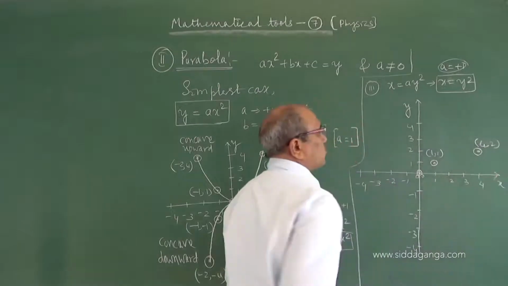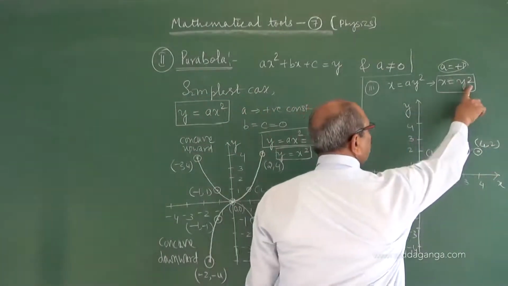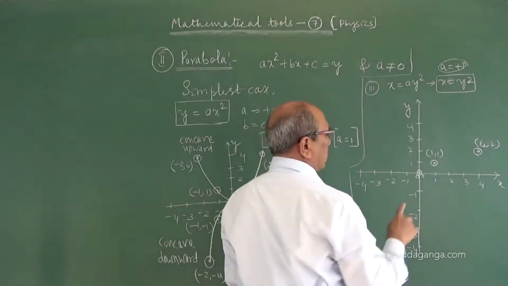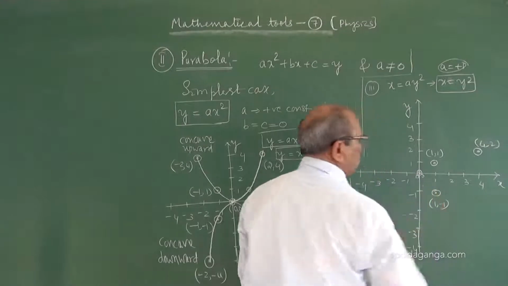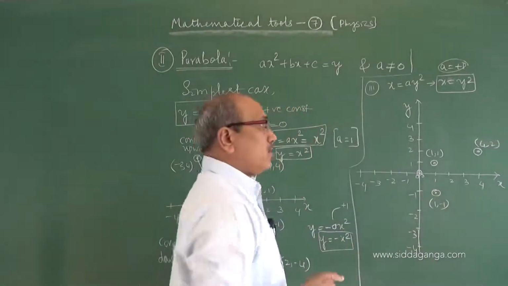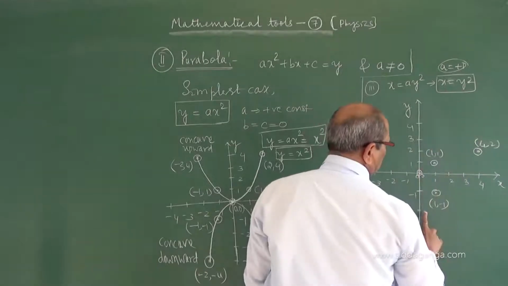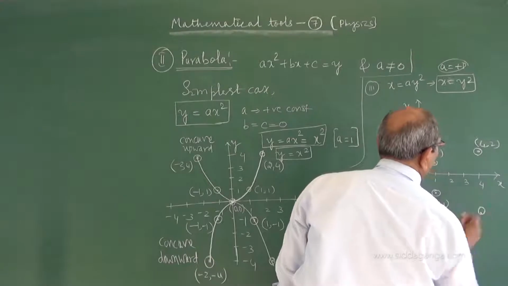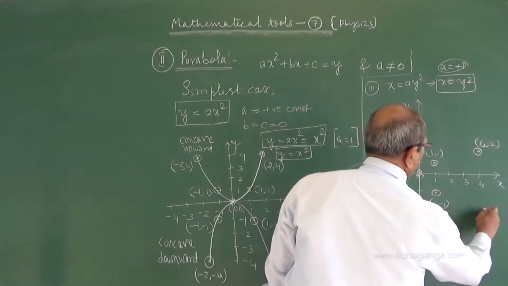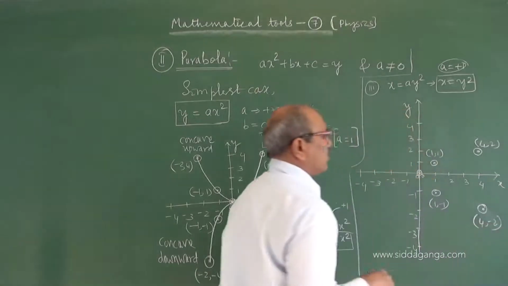X is 4, y is 2. Let us take y is minus 1, but x is 1, so 1 comma minus 1. If I take y is minus 2, x is 4, so we get the point 4 comma minus 2.